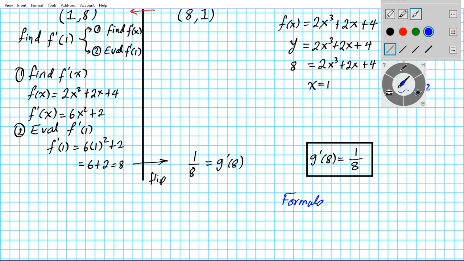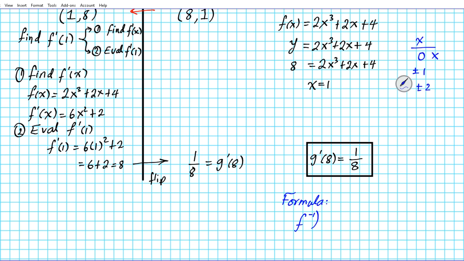The formula for finding the derivative of an inverse, f inverse prime at a particular point, f inverse prime of a, is equal to 1 over the derivative of the function evaluated at the inverse, f inverse of a. Okay, so first of all, we switched, which is f inverse of a, and then we found the derivative at the switch, which is 1 and 2, and then we reciprocated, or we flipped, which gave us 1 over 8.